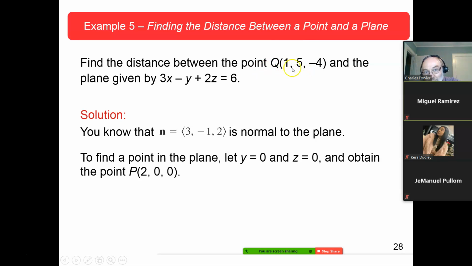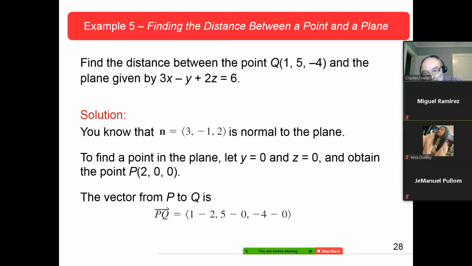They didn't show you, but plug these in, find out that's not equal to 6. Always do that. Okay, then you can do the vector PQ to be 1 minus 2 from here, 5 minus 0, negative 4 minus 0. So that's going to be minus 1, 5, minus 4.